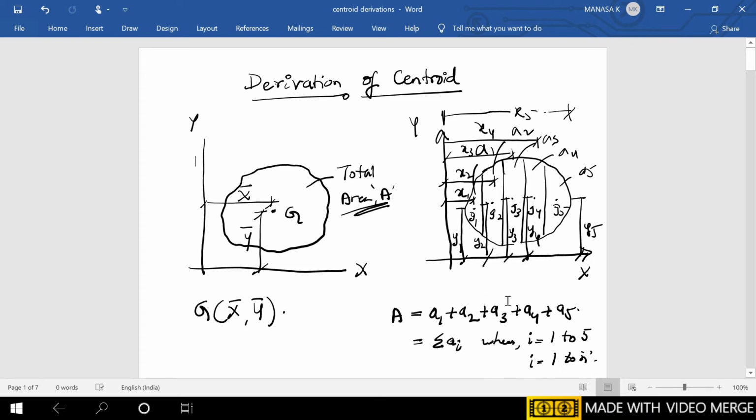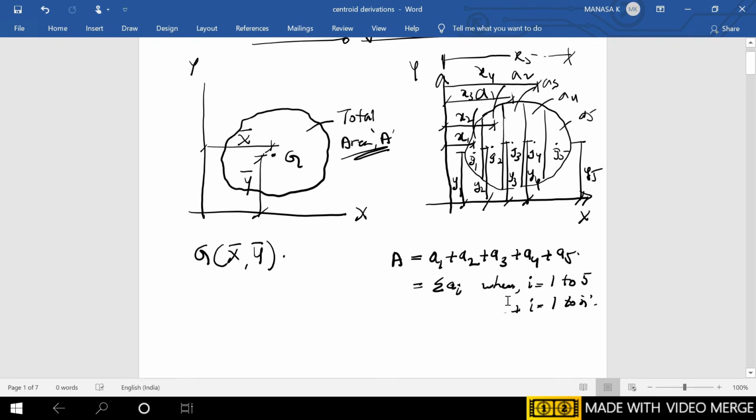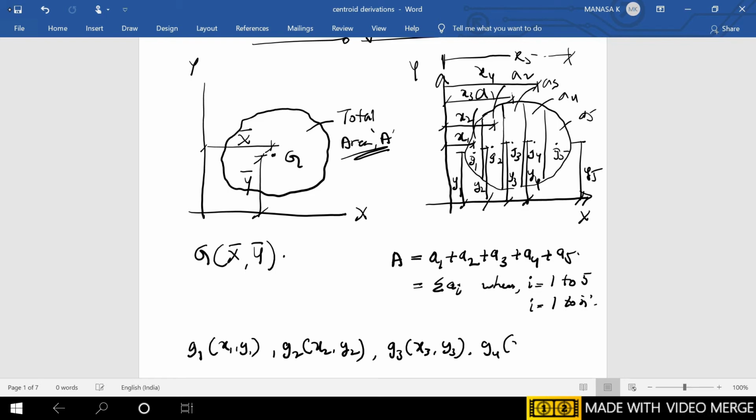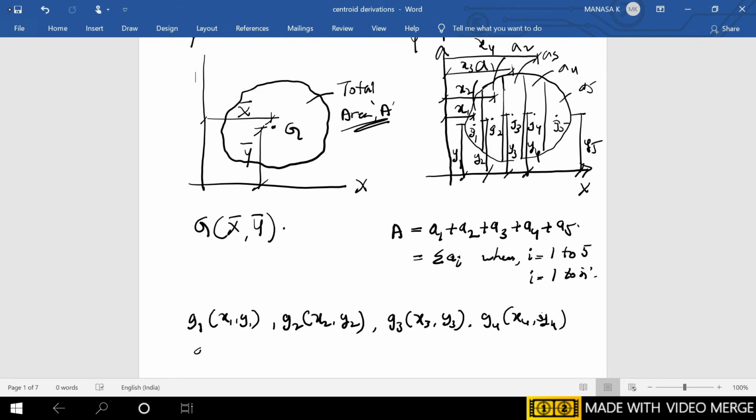In the same way, we are having the elemental strips in such a way that each has a centroid: G1 with x1 and y1 as coordinates, G2 with x2 and y2 as coordinates, G3 with x3 and y3 as coordinates, G4 with x4, y4 as coordinates, and G5 with x5, y5 as coordinates respectively for the elemental strips, correct?